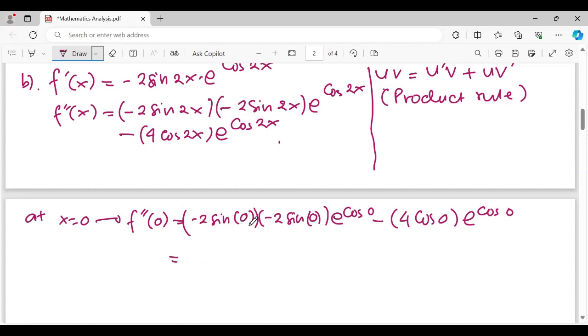Sine 0 is 0, so this term is 0, minus cosine 0 is 1. So minus 4 times e, because cosine 0 equals 1, equals minus 4e, less than 0. It means it is the maximum point.